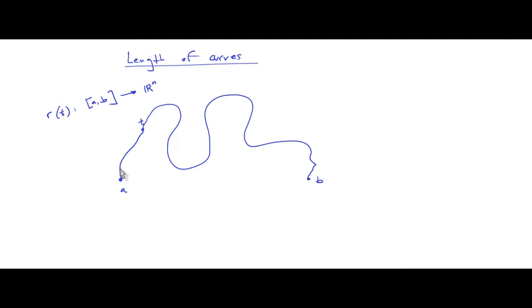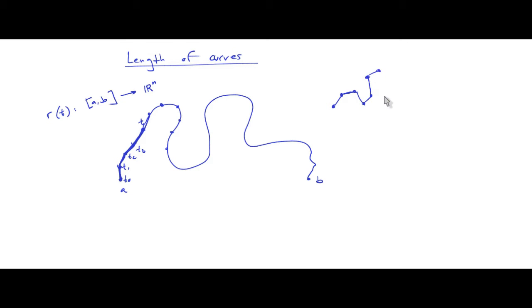You can approximate the length of this curve by doing a partition of the interval between a and b, as usual. From each partition in this interval, you have a segment that joins these points. This is t0, t1, t2, t3. So you substitute your curve by a polygonal approximation.